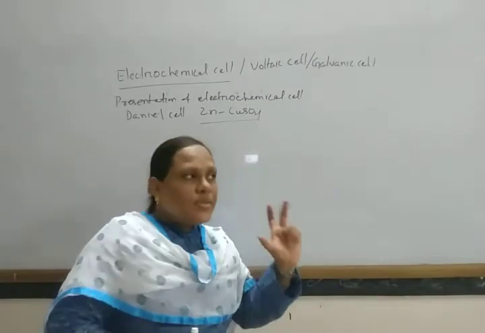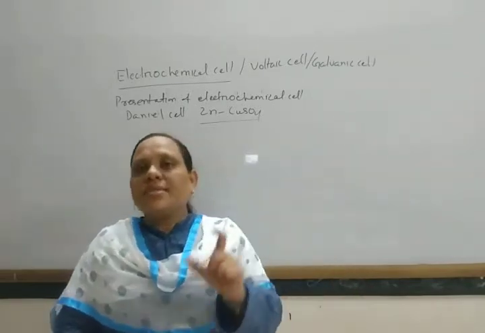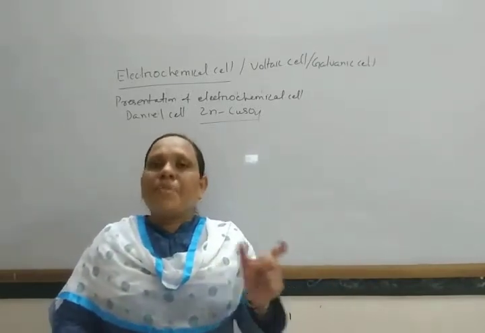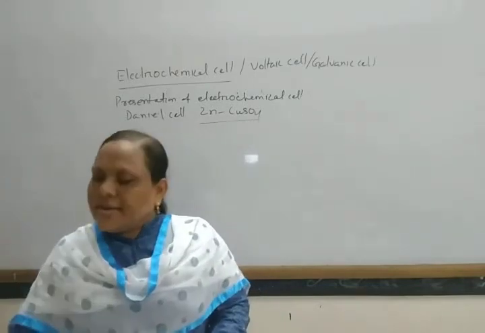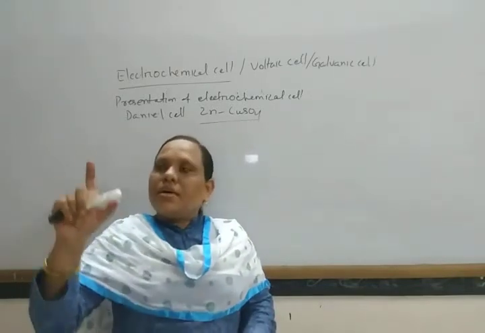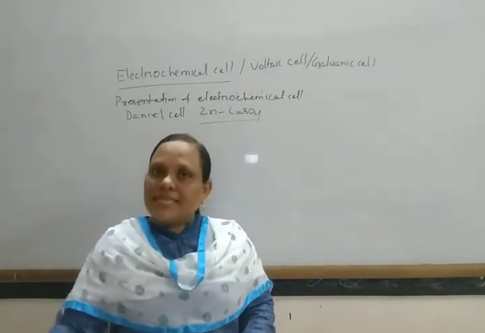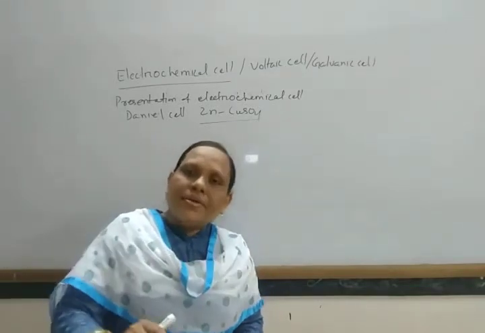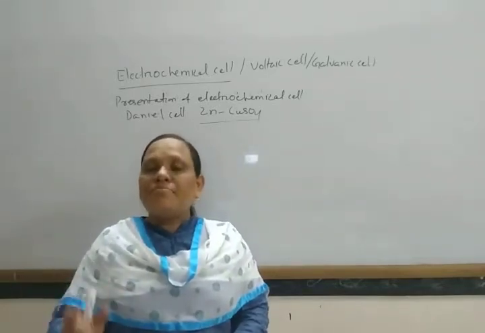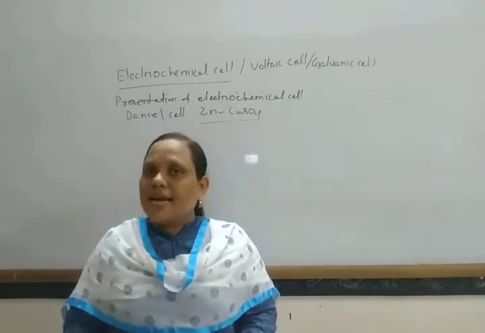The metal electrode and its ions are separated by a vertical line. Similarly, on the right hand side, the reduction half cell, or cathodic cell, is written, and here also the ions and the metal are separated by a single vertical line.